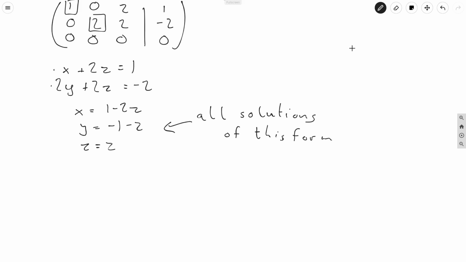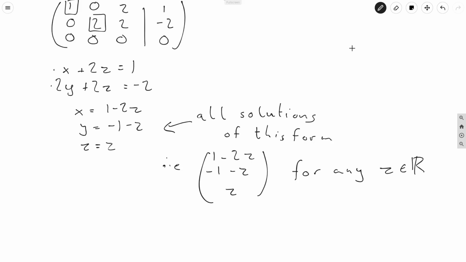So if I pick a number z, I can find a solution by setting y equal to minus 1 minus z and choosing x equal 1 minus 2z. So our solutions look like, if we were to write them as a vector, 1 minus 2z, minus 1 minus z, z, for any z in R. R could also probably be replaced with C here, but let's just assume we're dealing with real numbers here for simplicity's sake.